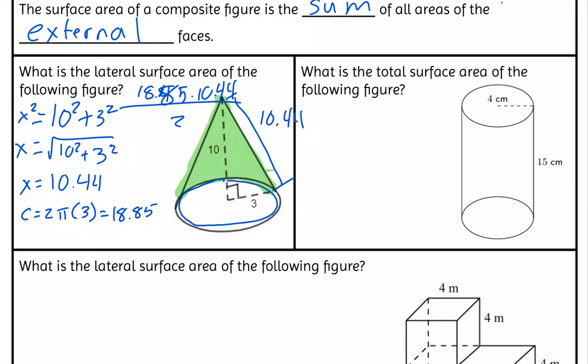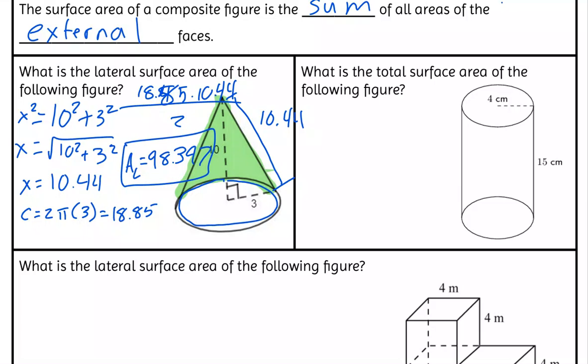So again, I'm going to plug that into my calculator: 18.85 times 10.44 divided by 2. That gives me the lateral surface area is 98.397. Okay? So that right there is the area of just the lateral face of a cone.